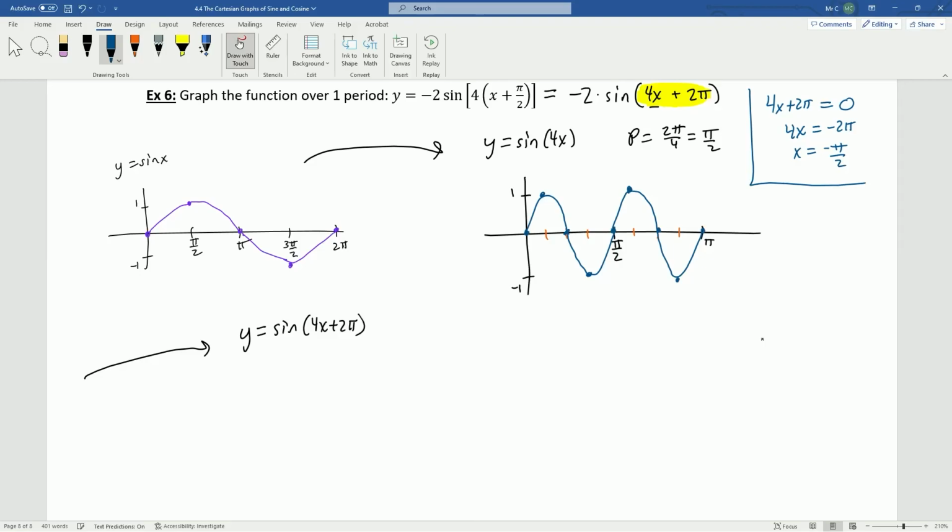So this is a shift left by pi over 2. And that's actually a really nice shift when you think about it, which you'll see momentarily. So I'm shifting left by pi over 2.